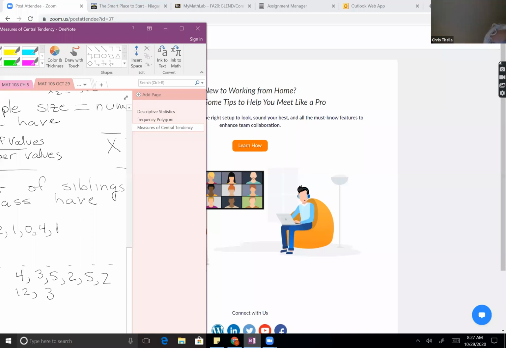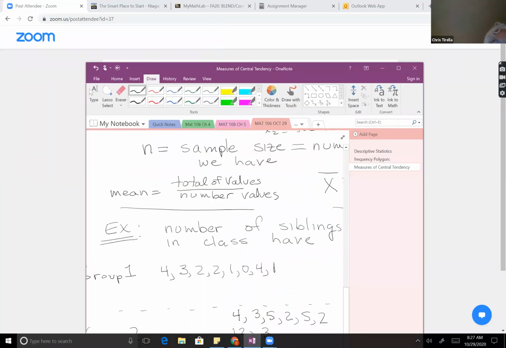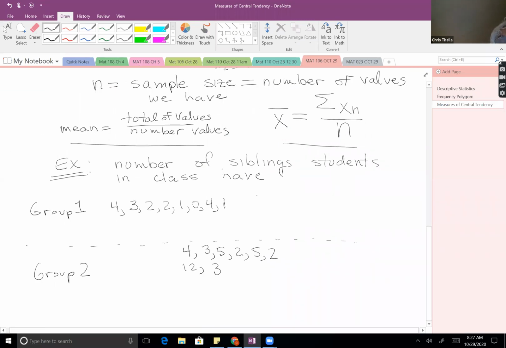And I've got to center it and make it larger. So for group one, in order to find the mean, I want to add up the numbers and divide by how many. Adding the numbers gives me 4 plus 3 plus 2 plus 2 plus 1 plus 0 plus 4 plus 1.